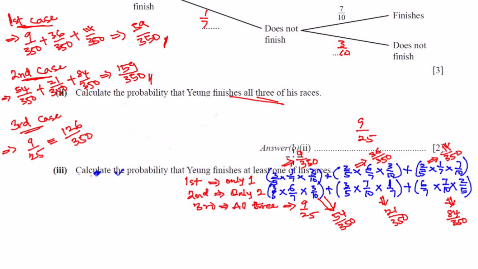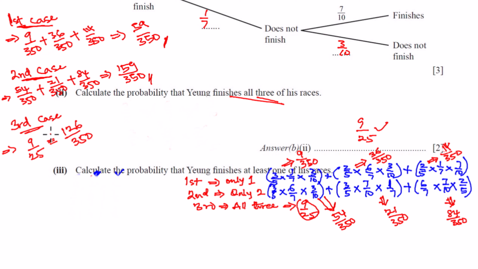And then the third case, which was what we got earlier, 9 over 25, is the same thing we got here. Now, to make everything have 350 as the denominator, I changed this 9 over 25 to its equivalent fraction, which is 126 over 350.